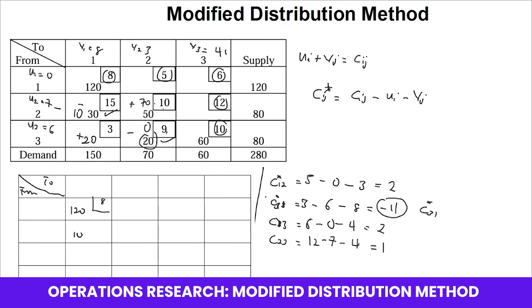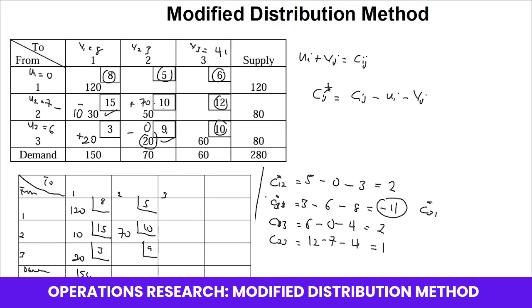This one will now go to 10, and then 15. Here is now 20 and 3. This one will now go to 0, and here we'll go to 70, and then 10, and then this one will be 5. No allocation. This is demand.